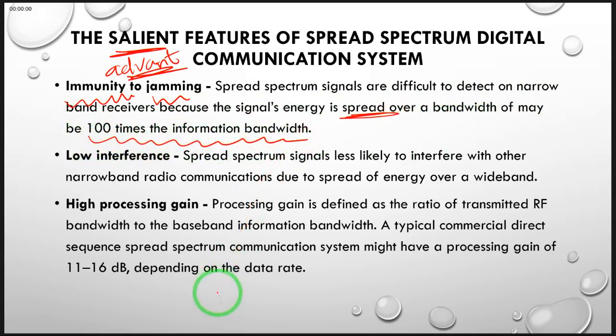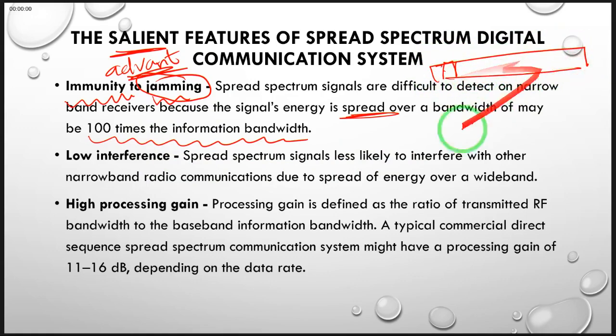The receiver or the jammer might only know the bandwidth of your information signal, but when you send a signal 100 times wider in bandwidth, you don't know where to attack from. You were expecting this size, but you are seeing something this size, so it doesn't know exactly where the signal lies.